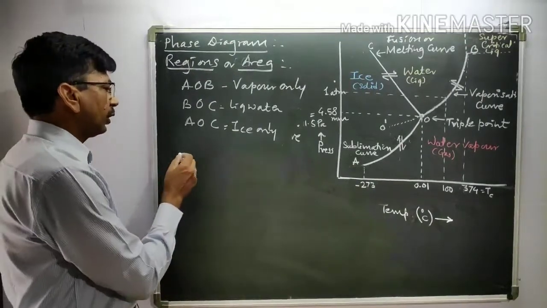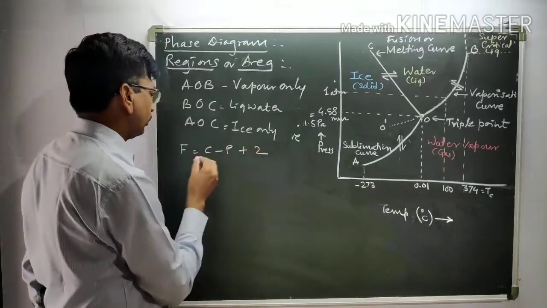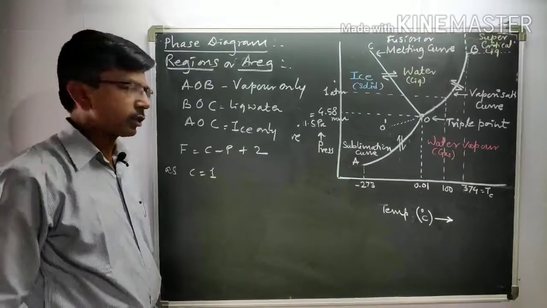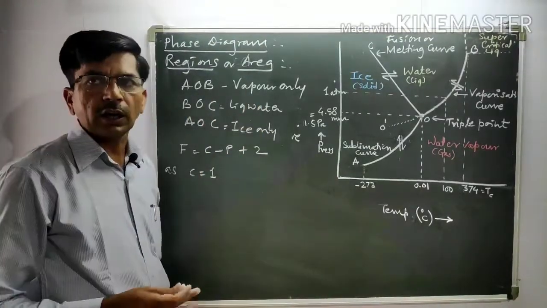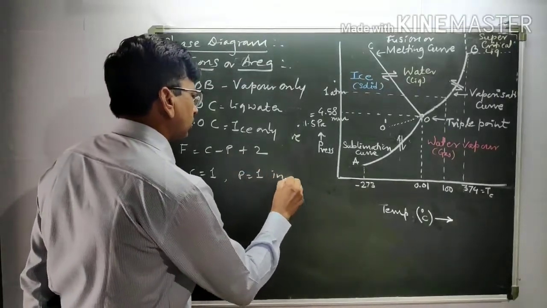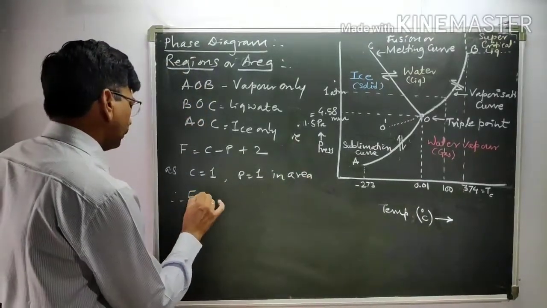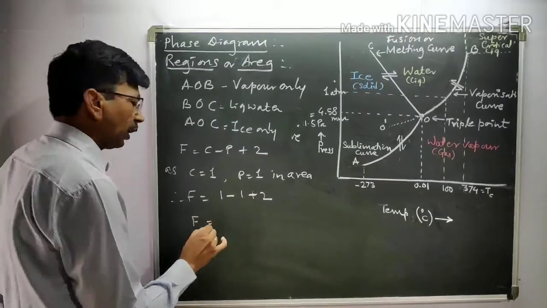So according to the Gibbs phase rule, F is equal to C minus P plus 2. As there is only one component in the system, that is water, and in the regions or areas only one phase is there, P is also equal to 1. Therefore F is equal to 1 minus 1 plus 2, and therefore F is equal to 2.